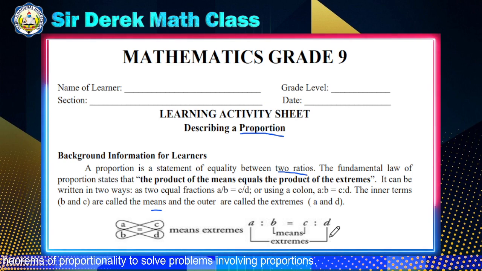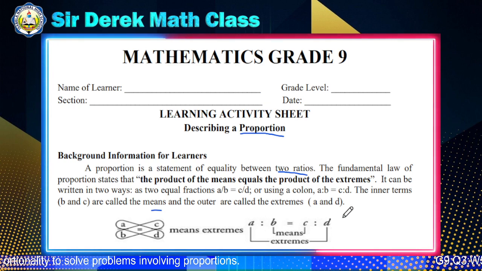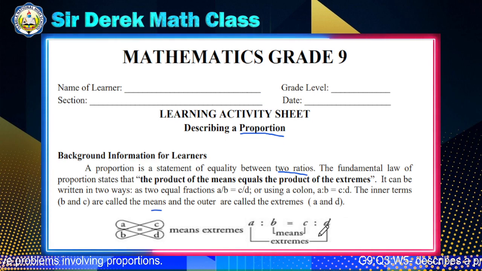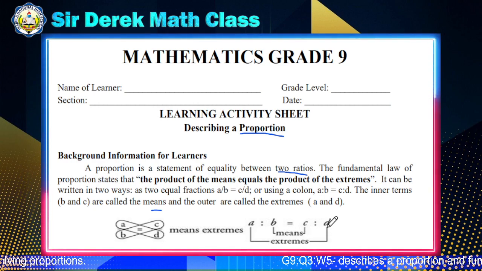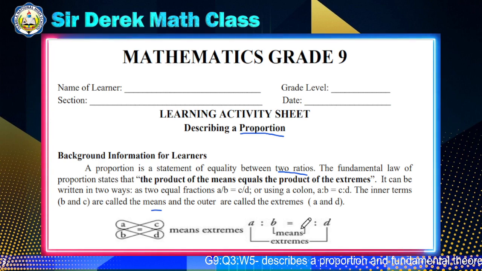So A and D are extremes, B and C are means. Meaning, we are going to get the product of the extremes and the product of the means. So that's all about describing proportion.